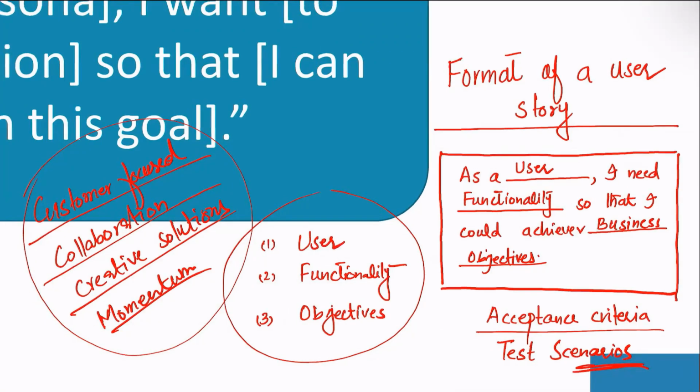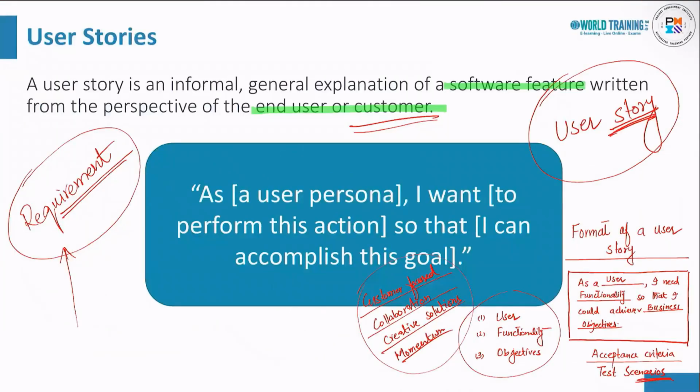But here, the idea is that the fundamental or basic building block of Agile planning is a user story. And a user story is a product requirement from the end user's perspective. So we take into consideration the perspective of the user, and accordingly, we write them down to make sure that the focus stays on customers. So they help in collaboration, they help in creative solutions, and they keep the momentum in the right direction.